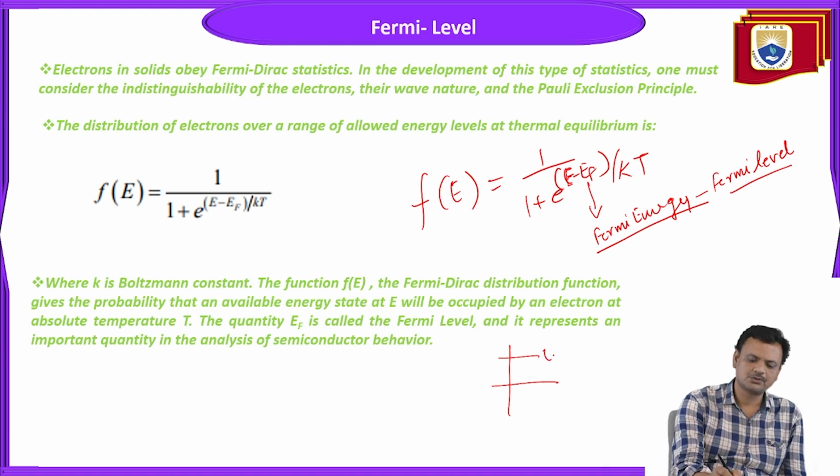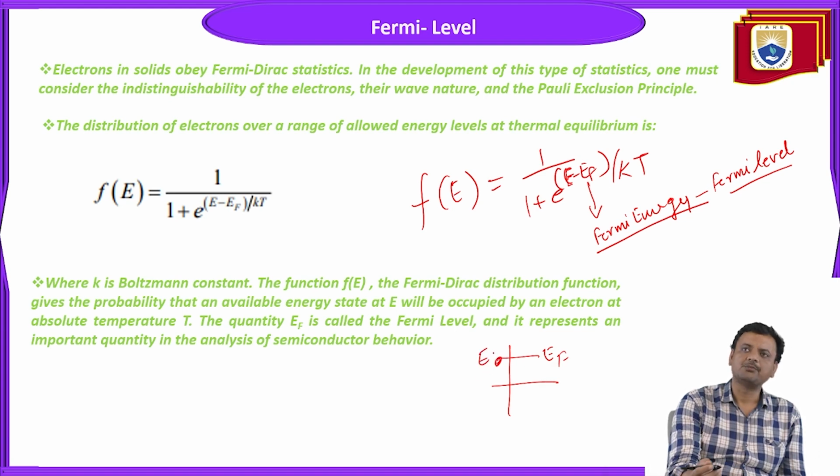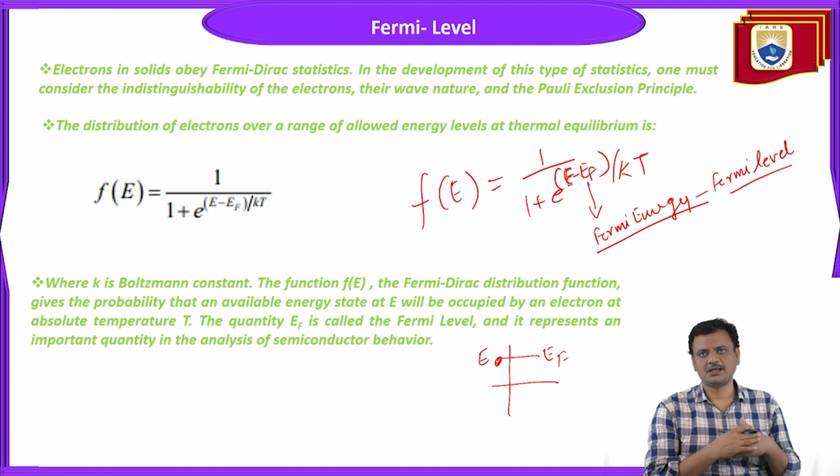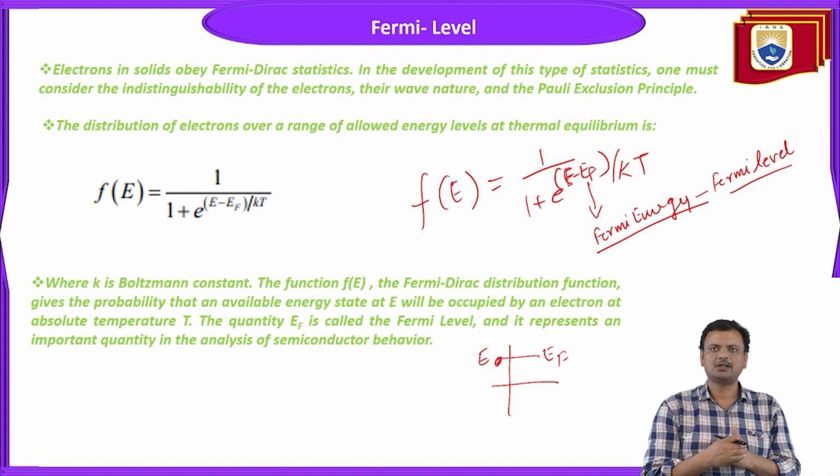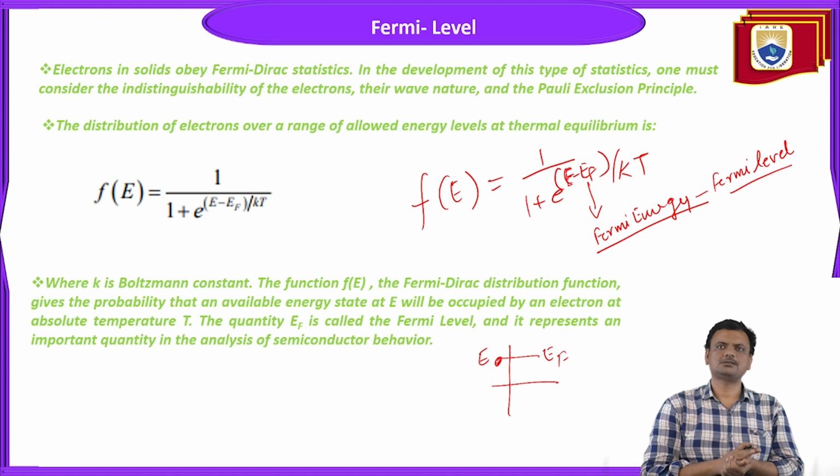If this is your Fermi level EF, then the corresponding energy value is known as the Fermi energy. So the Fermi level is important and the corresponding energy is known as the Fermi energy. So I will discuss today some facts about the Fermi level.